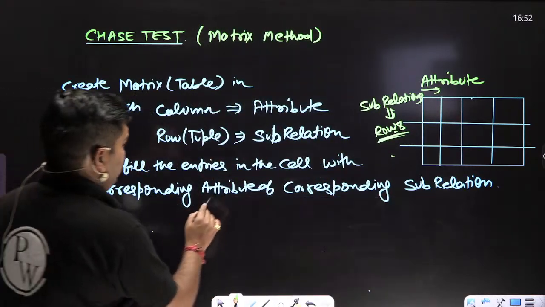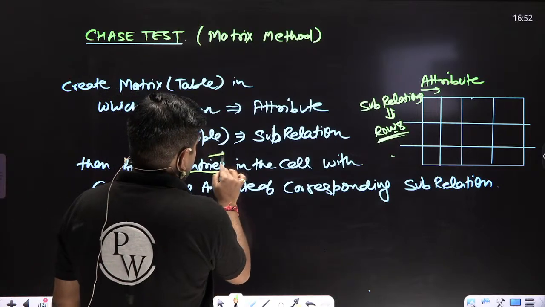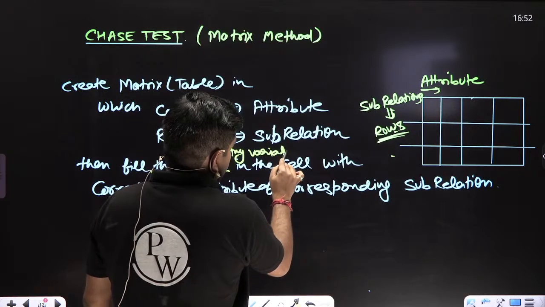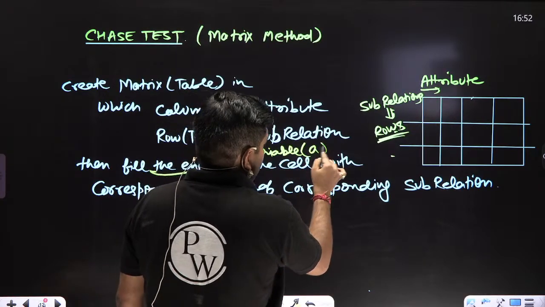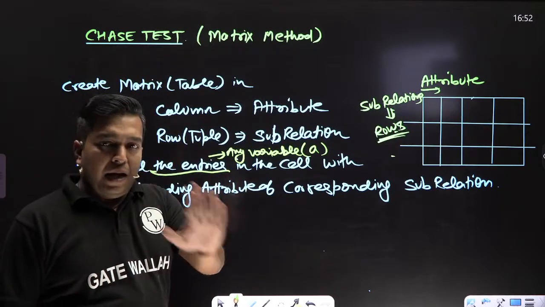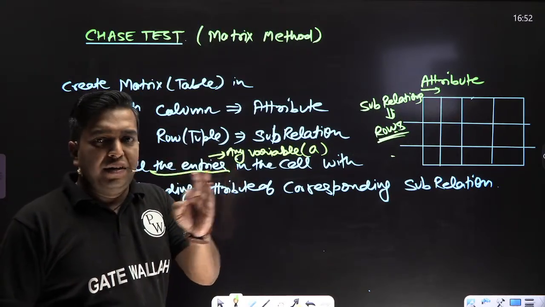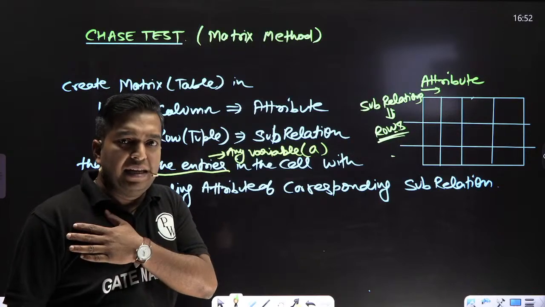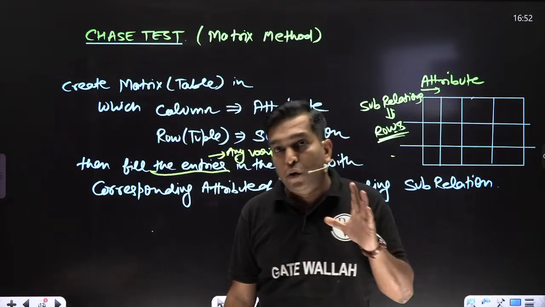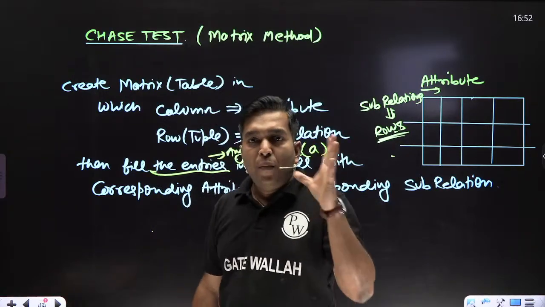Now fill the entries with any variable, either a, alpha, whatever. Don't worry, I am explaining each and everything from the basic, and this is from an authentic source, the Ullman book.